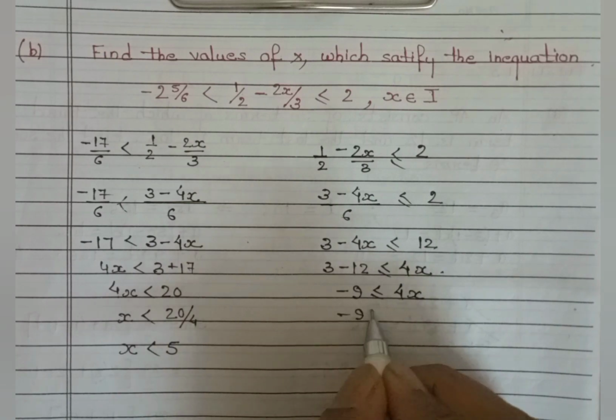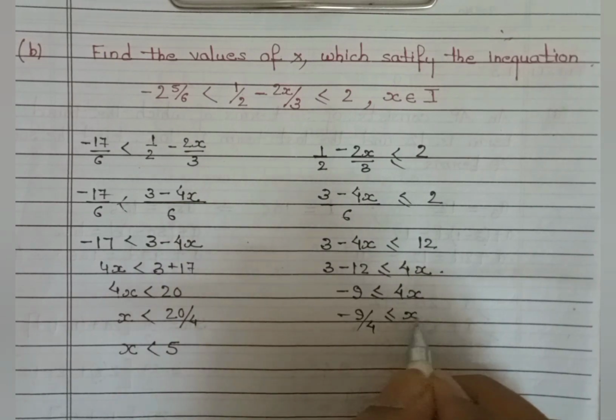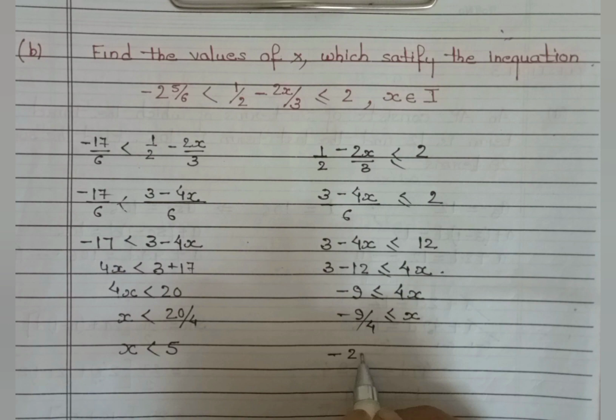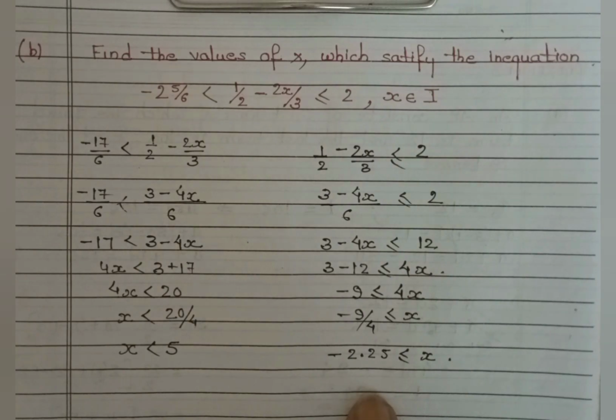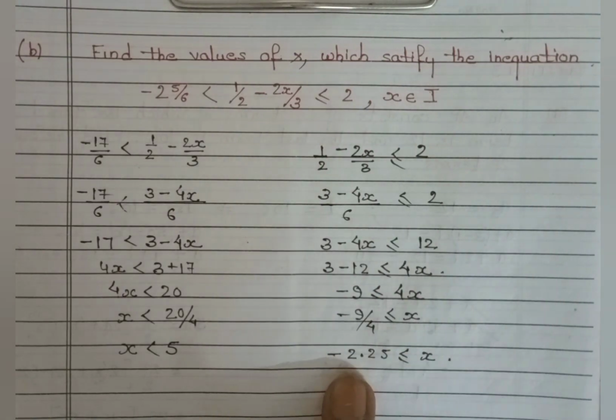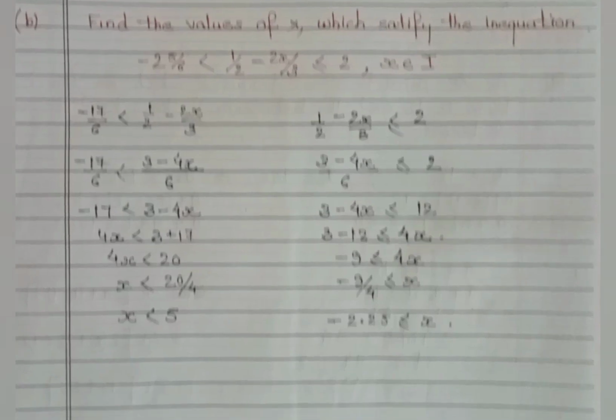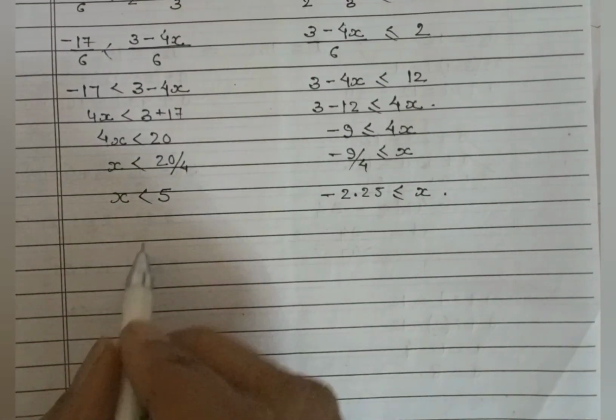So minus 9 by 4 less than or equal to x. So this will give you minus 2.25. So solving the second inequality, we are getting x is greater than or equal to minus 2.25.